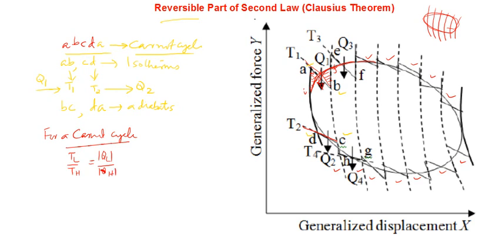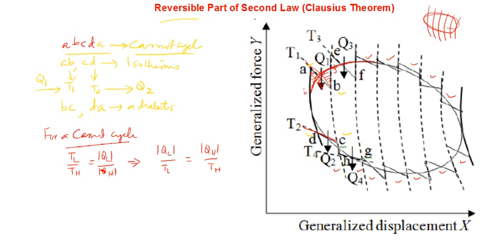That's why we wrote the efficiency equation either in terms of TL and TH or in terms of the corresponding QL and QH. So if you rearrange this, you can write QL by TL will be equal to QH by TH. This is a result that we have obtained from the general theory of the Carnot cycle.